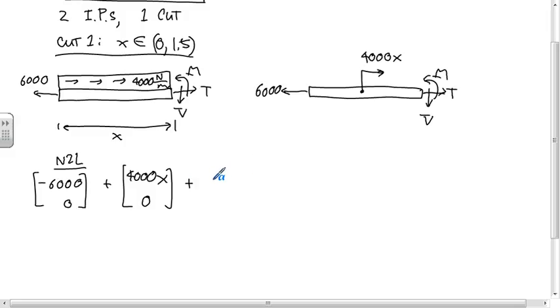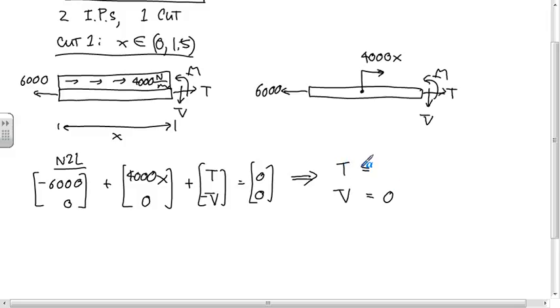Then we have P, negative V, is equal to 0. And so the shear force is 0, but the tension this time is the interesting one. That's equal to negative 4,000 x plus 6,000.